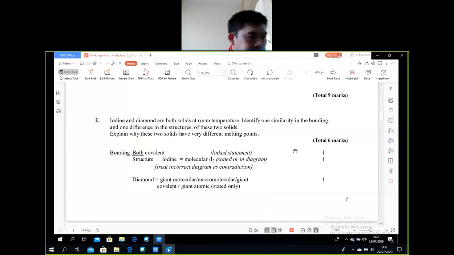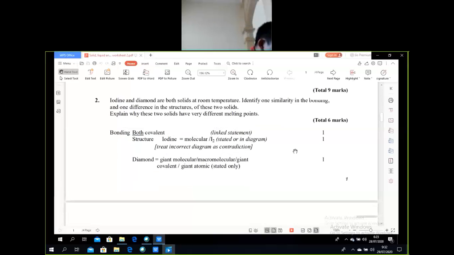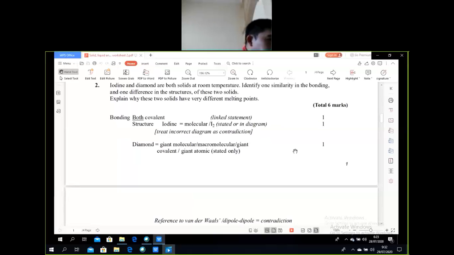Iodine has a simple molecular structure because it has a lower melting and boiling point compared to diamond. Diamond has a very high melting and boiling point, which makes it a giant covalent network. It has strong covalent bonds, but in terms of the bonding, both of them have the same covalent bond.